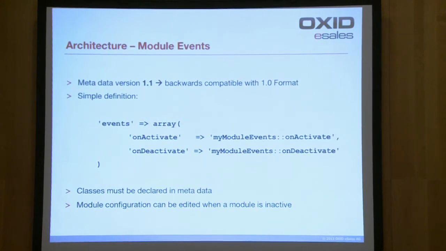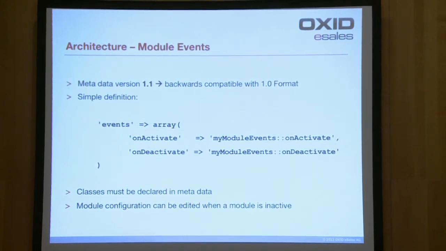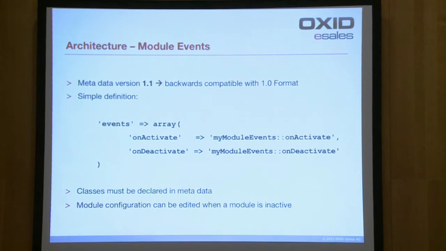In future versions of the shop, this events area will get more events which your module can register callbacks for, so also for installation and deinstallation, so that your module can get installed in a clear way. And actually the shop itself can completely install your module without the shop user doing manual stuff anymore.